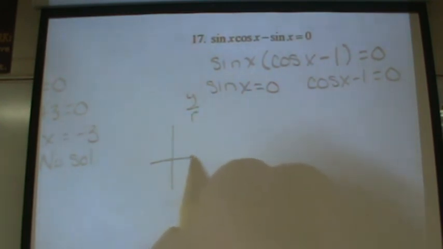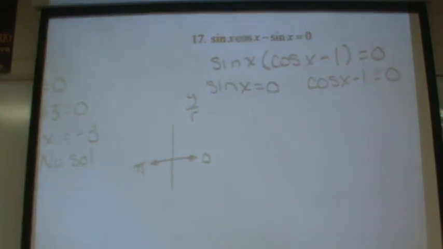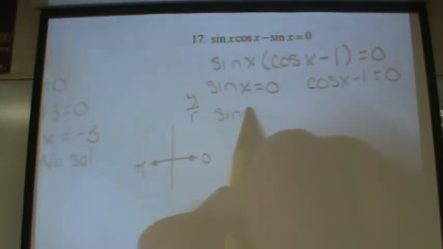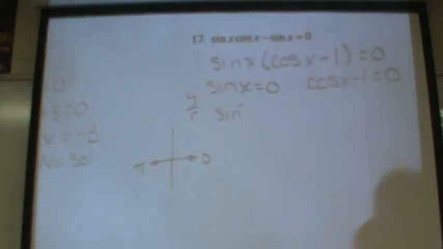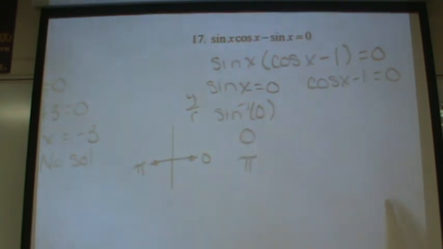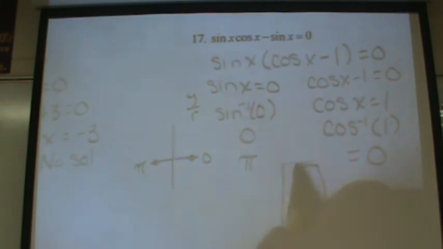Y equals 0 at 0 and pi, so at both places on our x-axis. So for the inverse sine of 0, we get 0 and pi. And then for cosine x minus 1, we get cosine x equals 1. So we take the inverse cosine of 1, which again equals 0. So our answers for this one are going to be just 0 and pi. Don't repeat the 0 twice.